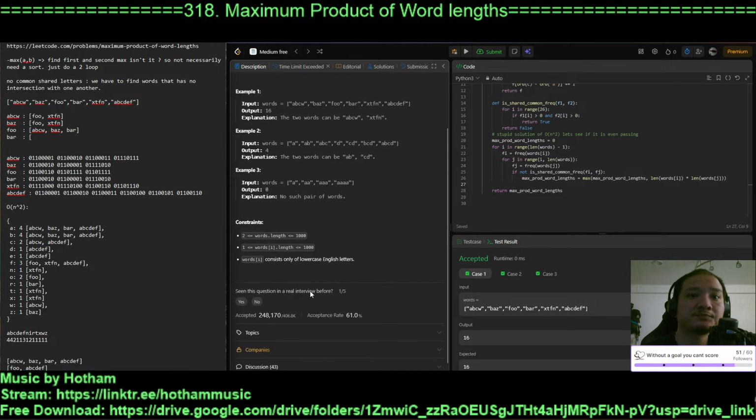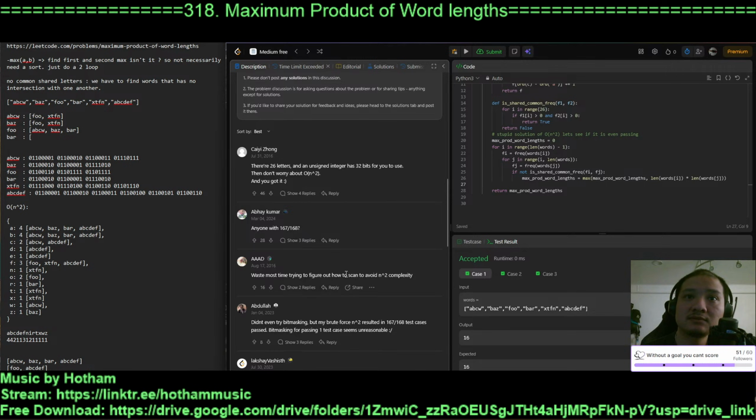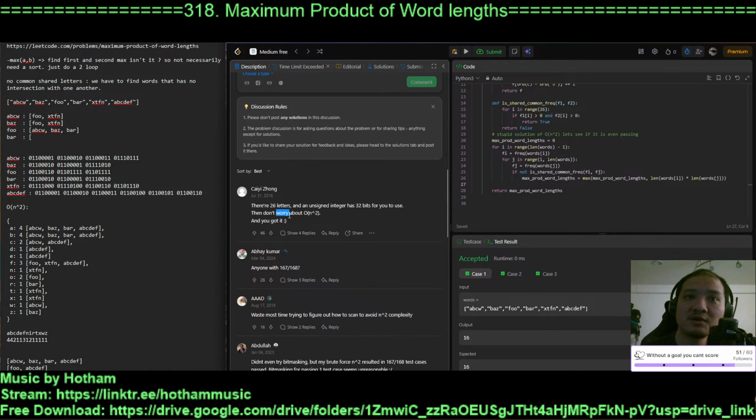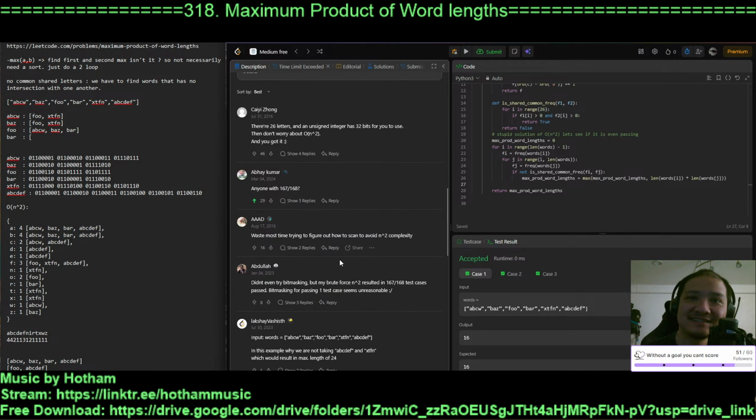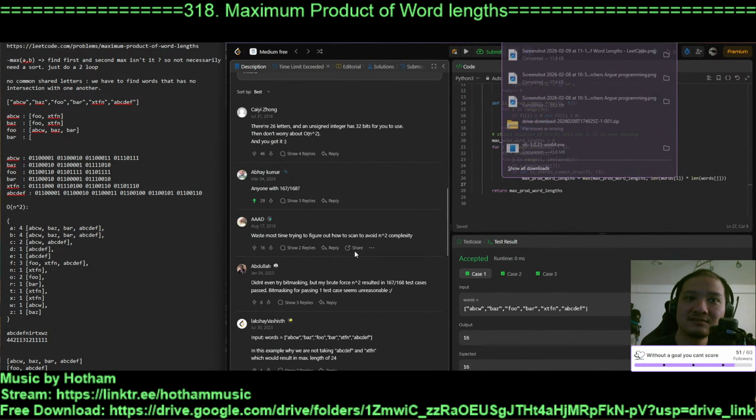I'm stumped here. Can you give some hint? They don't, then don't worry about it. Okay, so they're saying if I do bit masking, it will work.